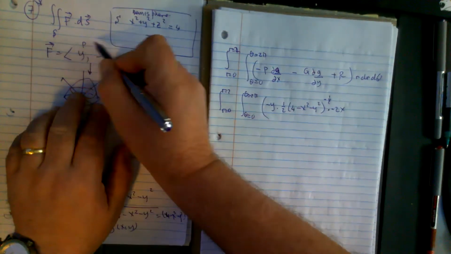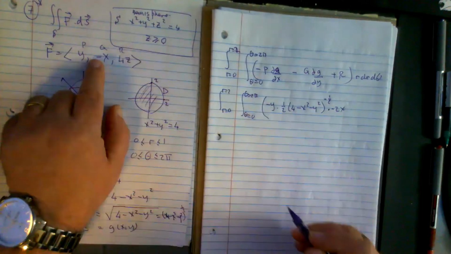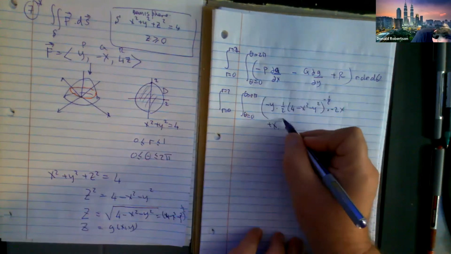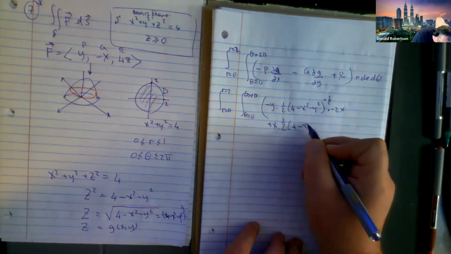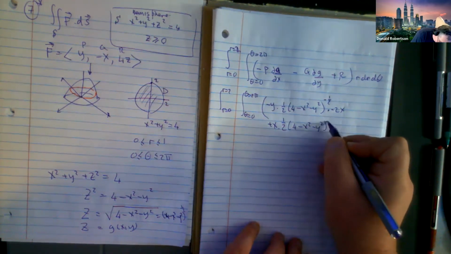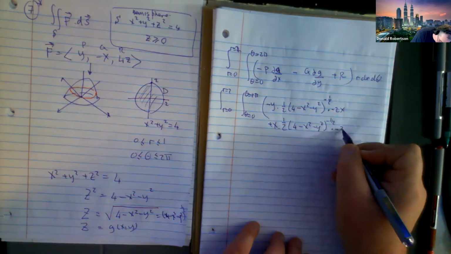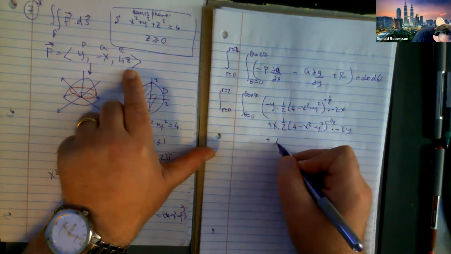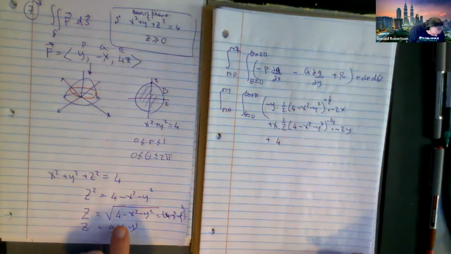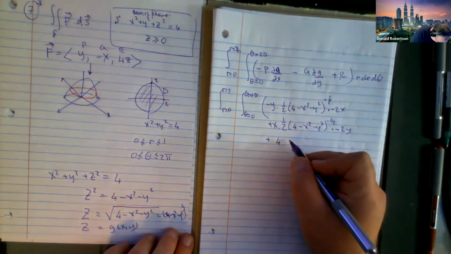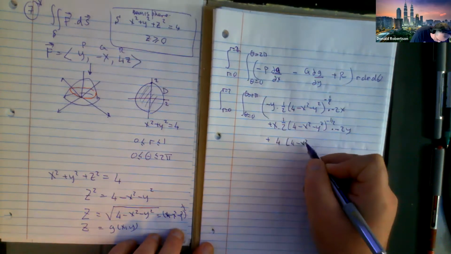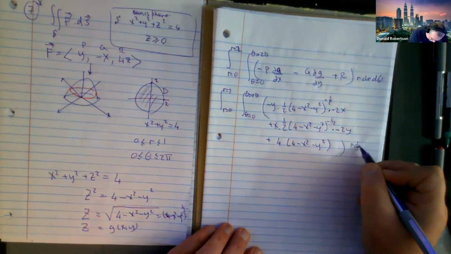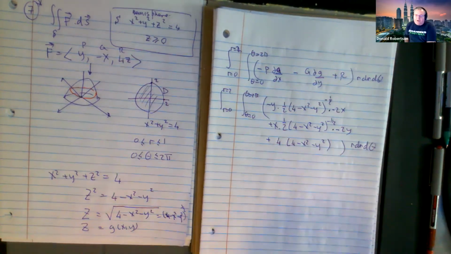There's p, there's q. So the negative of this gets me plus x times the derivative with respect to y, which looks very similar, except times negative 2y, plus an r. And in this case, it's plus 4 z's. And z is this guy. And everything then gets integrated eventually with respect to r and theta.